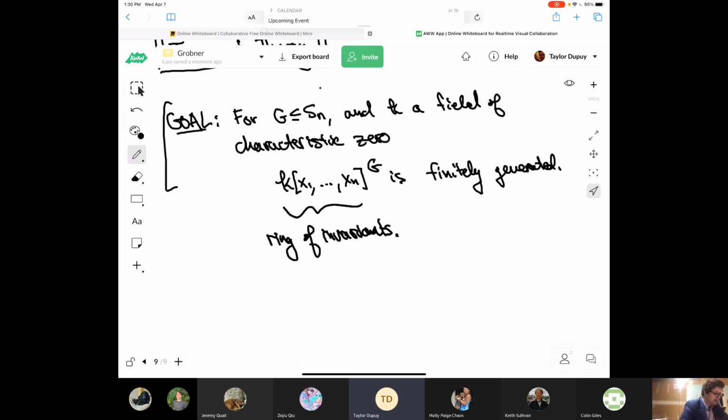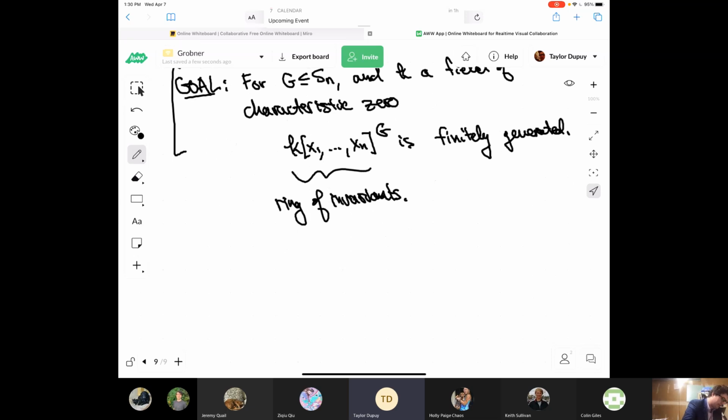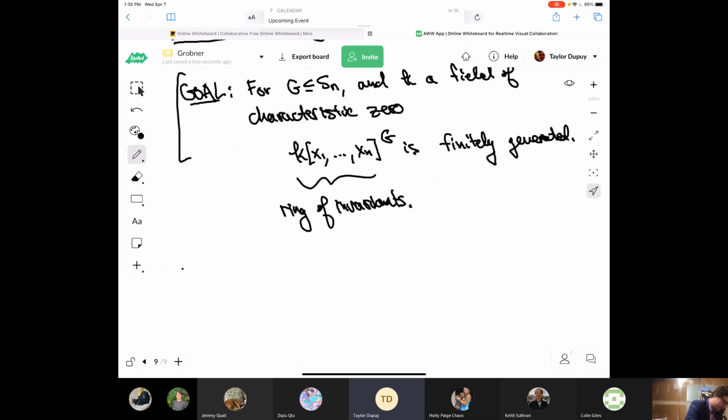Okay, to set this up, I need to say a little bit about graded rings. The main point here is that the proof of this goes through the Hilbert basis theorem.